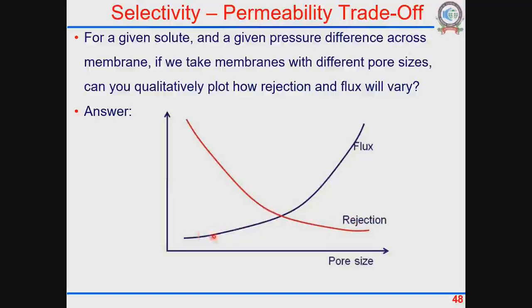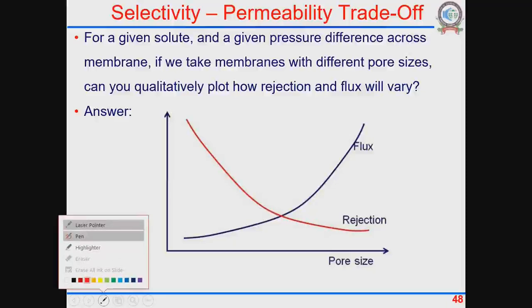But the flux will increase because now the resistance of the membrane is lower. Remember our relationship: the permeance of the membrane is related to the square of the diameter of the pores. So the flux would increase as we increase the pore size, but rejection would fall. So now this is a trade-off that we have to make. We have to design a membrane at which we will get a particular desired rejection.